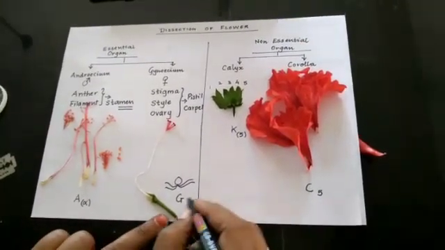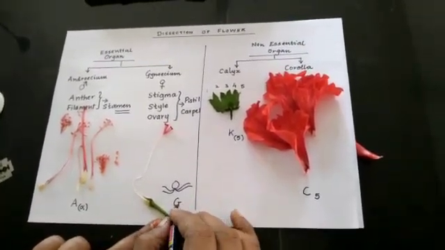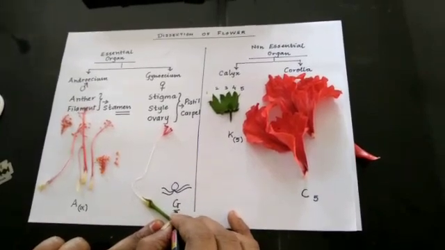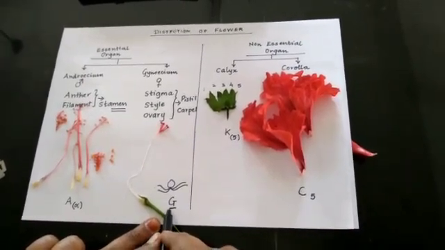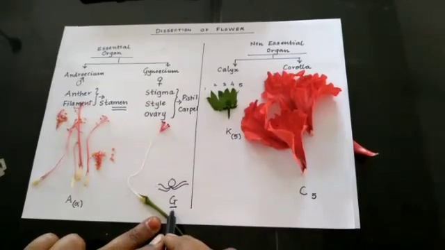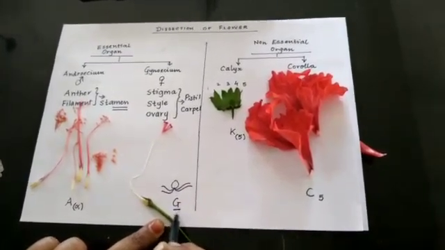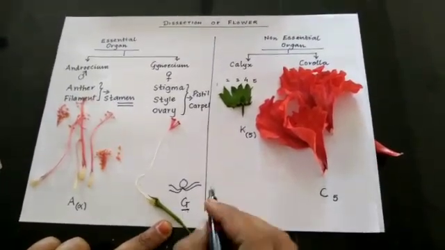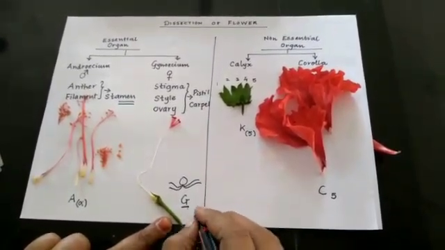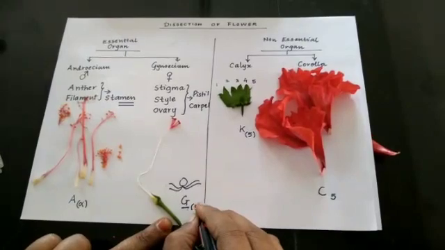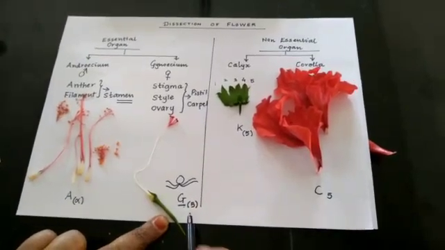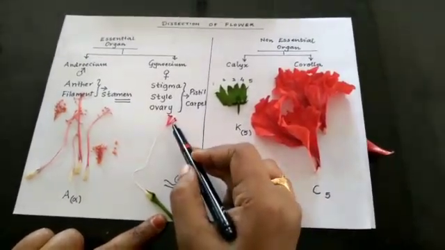Gynoecium has a superior ovary, so for a superior ovary we mark a dash below the ovary, which represents that all the organs grow from the base of this ovary, with 5 fused carpels.